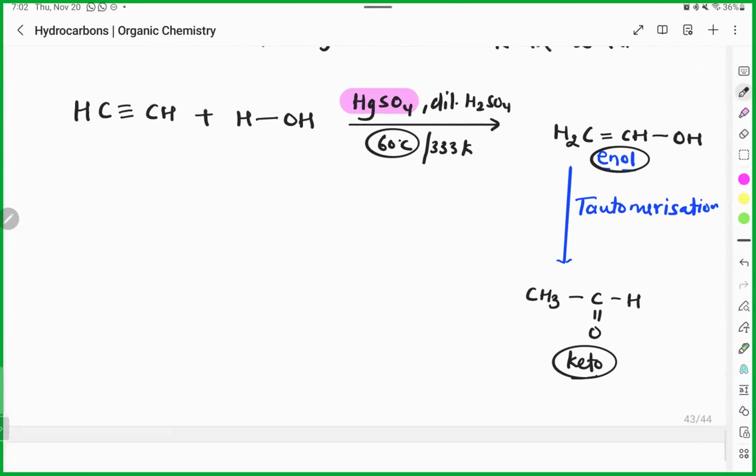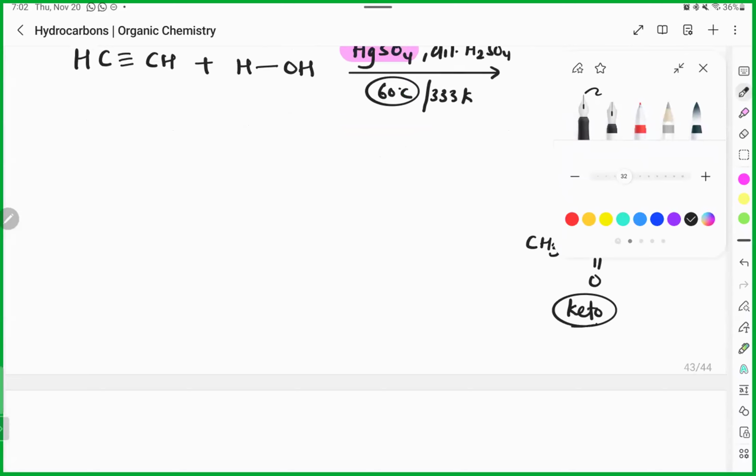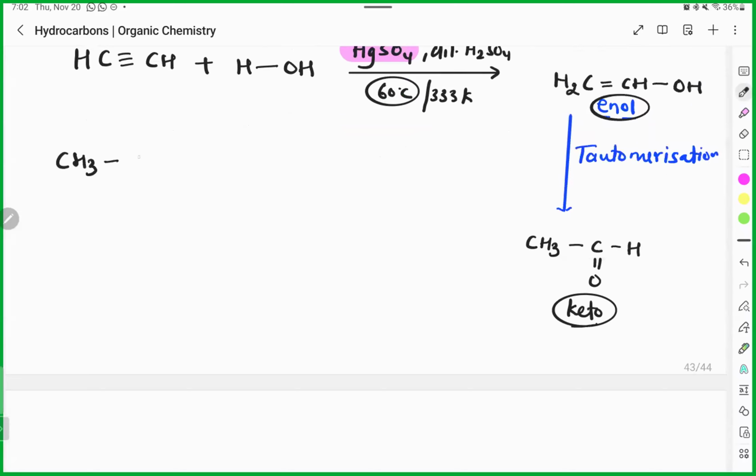Okay, Pratigya. But if I take another molecule like CH3, C triple bond CH, and react it with water in the same condition, mercury sulfate, dilute H2SO4, and high temperature like 60 degrees Celsius, what will be the product?